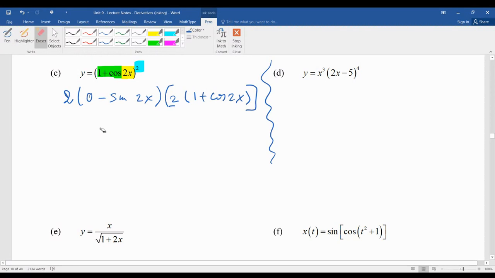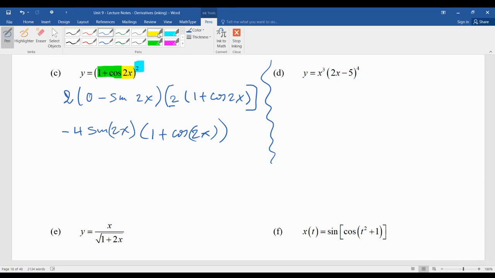I would rather multiply this 2 by the negative 2. So it becomes negative 4 sine 2x times 1 plus cosine of 2x. That's a better way. Okay, why don't we keep it like this? We could distribute, but we don't need to.